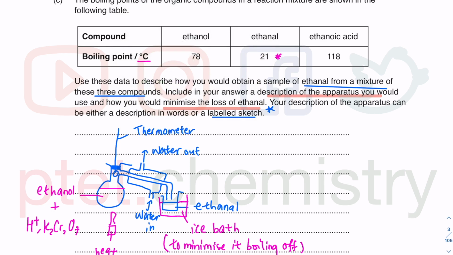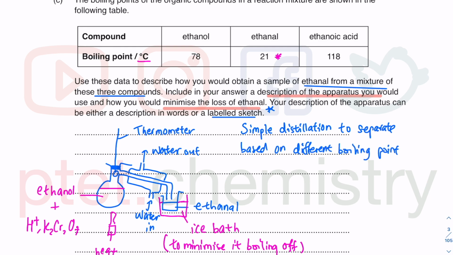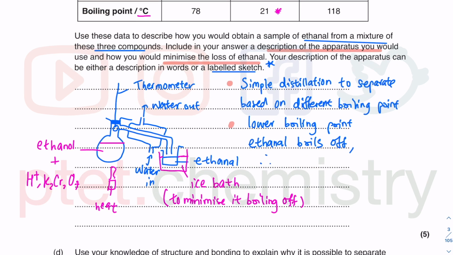And what is this technique called? This is called simple distillation. Simple distillation works because you use it as a separation technique based on the different boiling points. So which one will boil first? The lowest boiling point, ethanal, will boil first, and therefore it gets condensed first, and then collected in an ice bath.